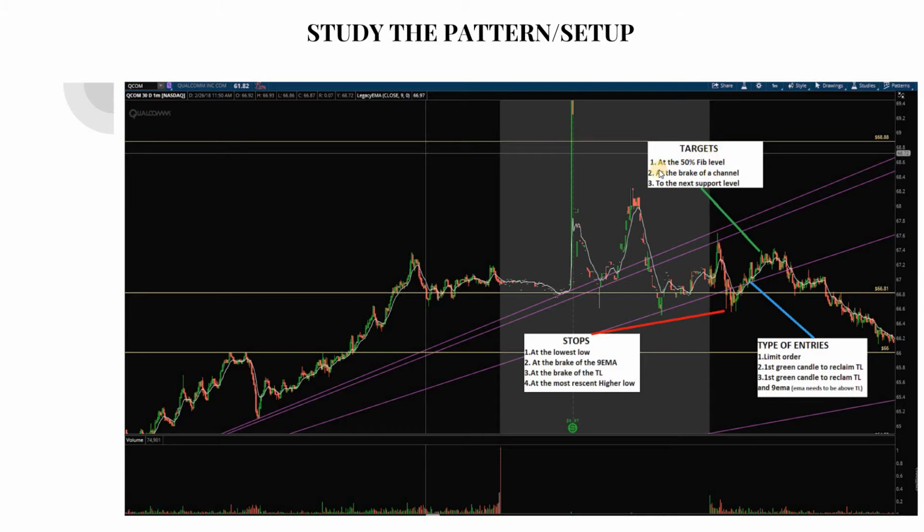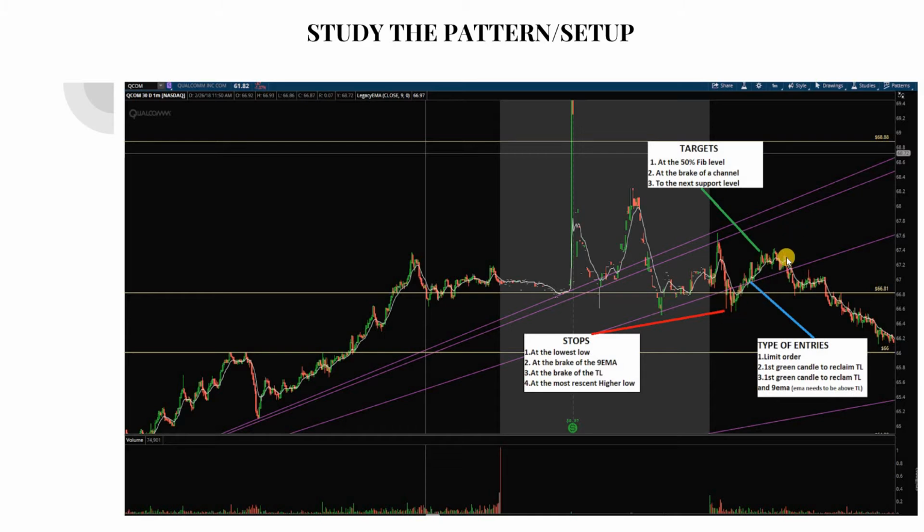And then for targets, at the 50% Fibonacci level, obviously I don't have it here, but I usually draw from the previous swing, the 50%, and then I'll take it once it hits, which is almost around here. At the break of the channel, so I could draw a channel here, or a trend line, whatever you want to call it.